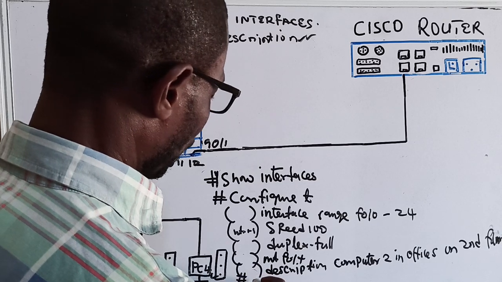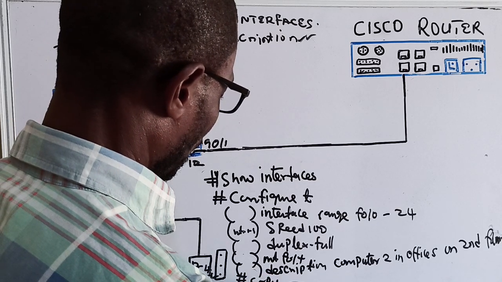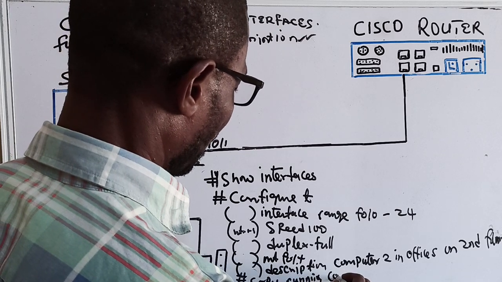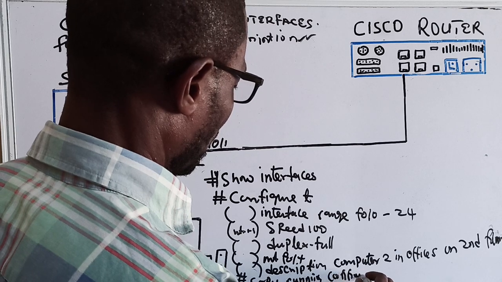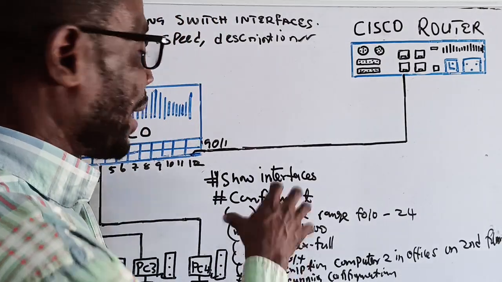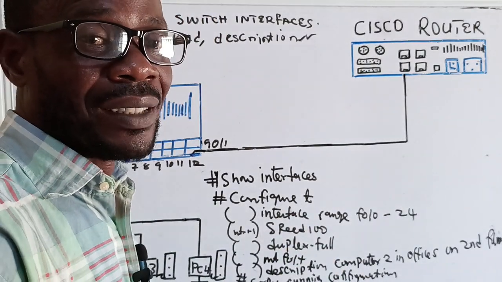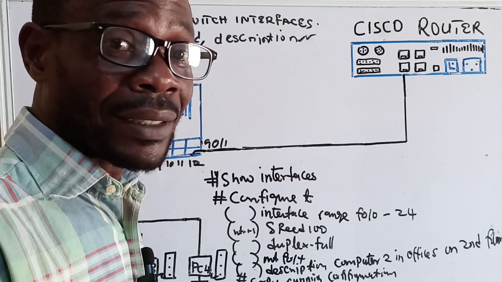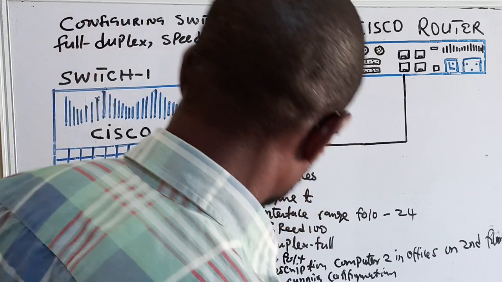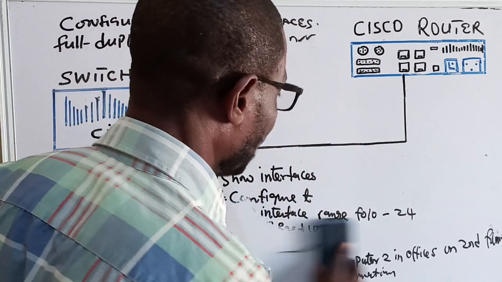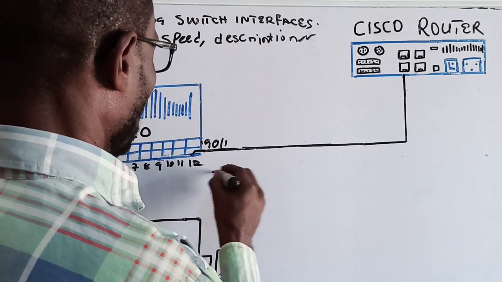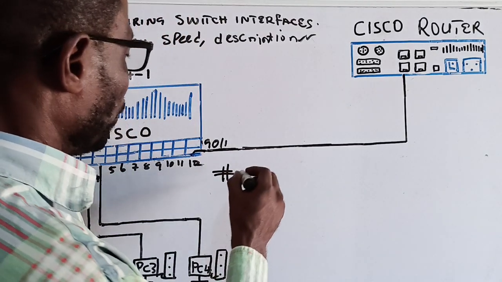Where you do copy running-configuration. Remember that running configuration is what you have just configured that is not saved, it is in the random access memory. In that case, if your computer is powered off, all the configuration is lost. So you need to save it.